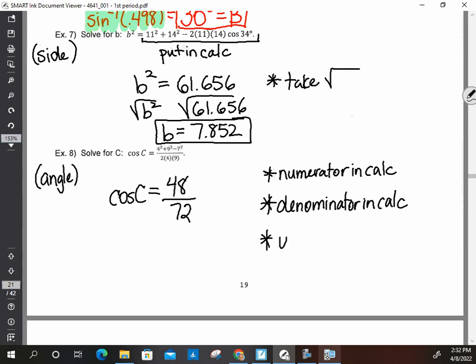So your last step is to use cosine inverse, which is going to require the calculator. Why cosine inverse? Again, you're looking for an angle. Angles require you to use the inverse. So cosine inverse of 48 over 72 will give you what your angle is.